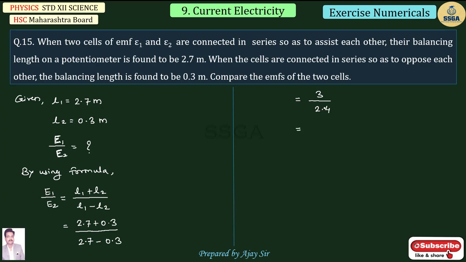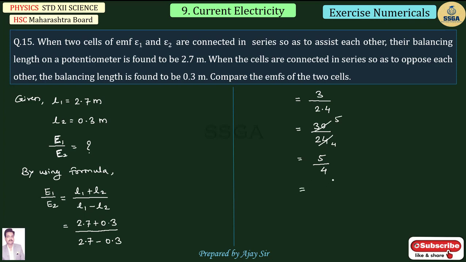Let us multiply numerator and denominator by 10. So the numerator becomes 30 and the denominator becomes 24. By using table of 6, 6 fours are 24 and 6 fives are 30. So therefore this is 5 by 4.